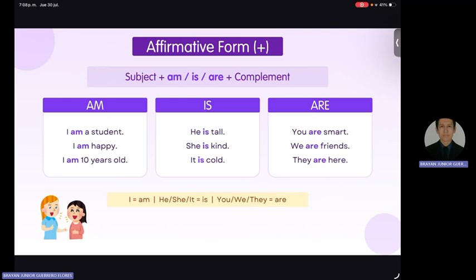Okay, so you see that you can use the verb to be with complements, for example adjectives. So the verb to be is so important. Yes, remember: I with am; he, she, it with is; you, we, they with are.